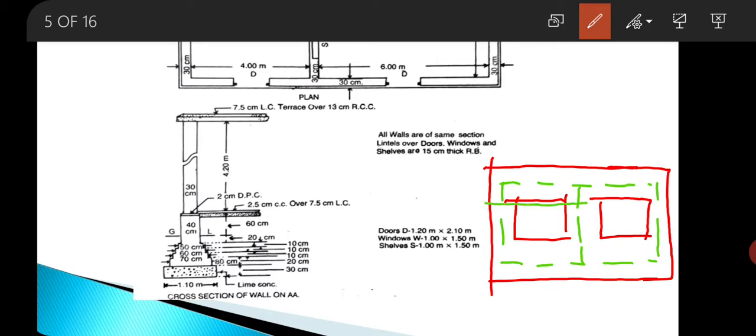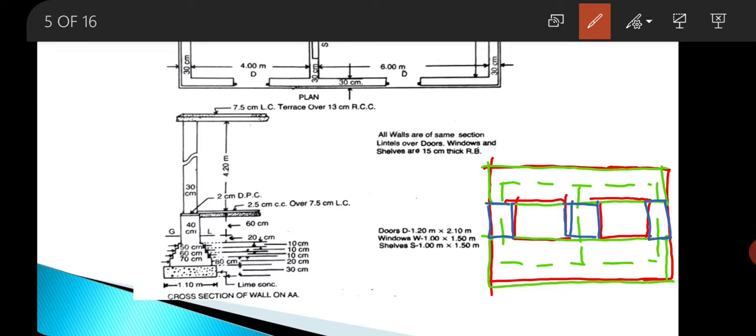In the last class we covered the calculation of these two long walls, and today we will find out the quantity of these three portions of short wall. So, this is the plan at the level of first footing.